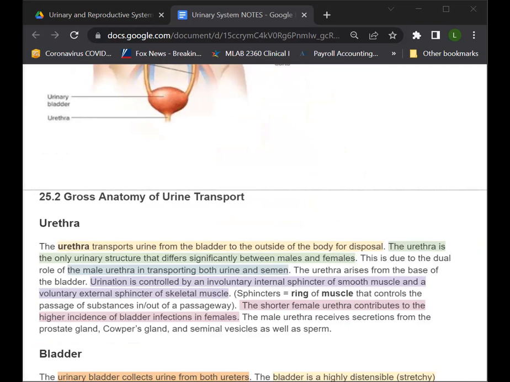We need to know that the urethra transports urine from the bladder to the outside. We've got that by now. The urethra is the only urinary structure that's different between men and women.